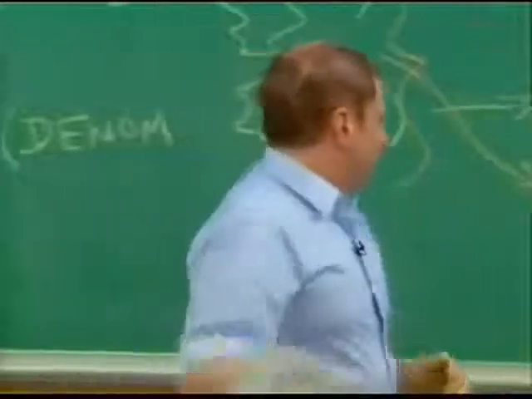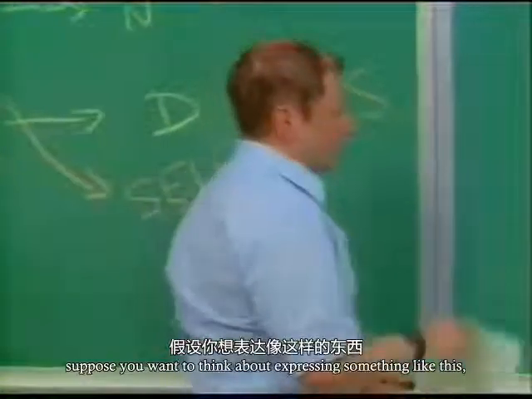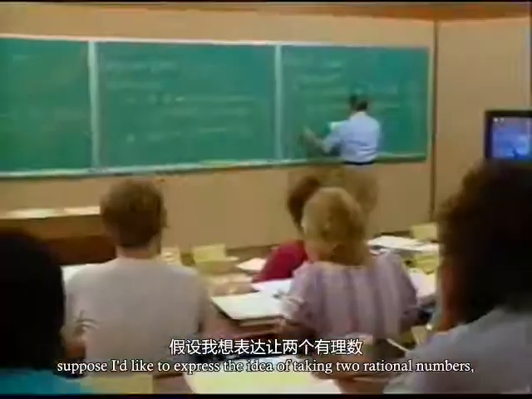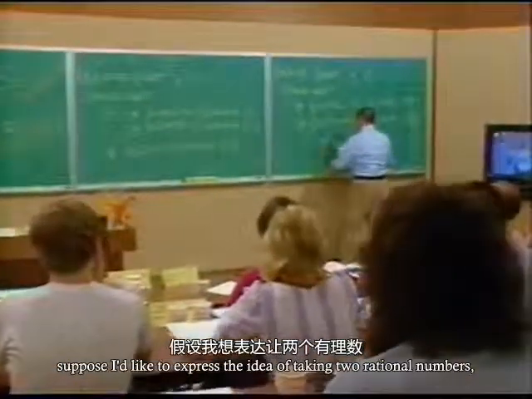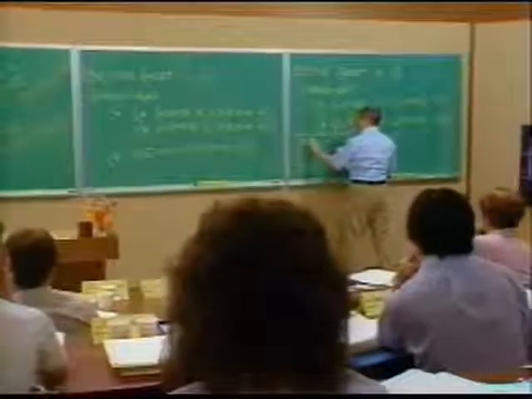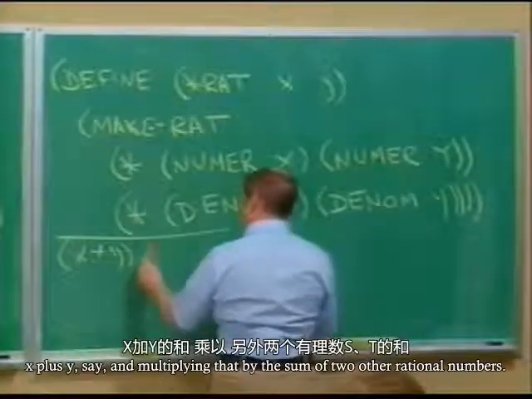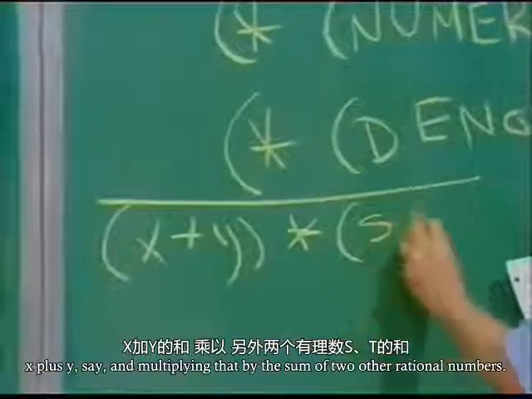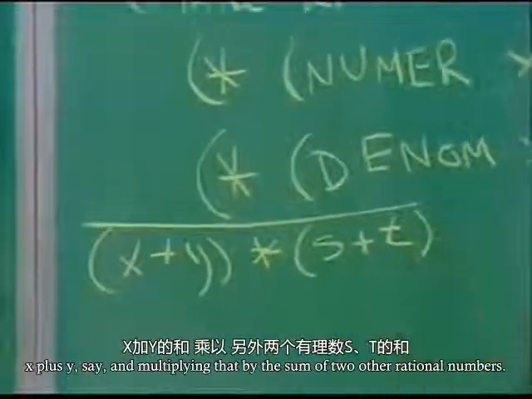Well, the answer is, suppose you want to express something like this. Suppose I'd like to express the idea of taking two rational numbers, x plus y, say, and multiplying that by the sum of two other rational numbers.